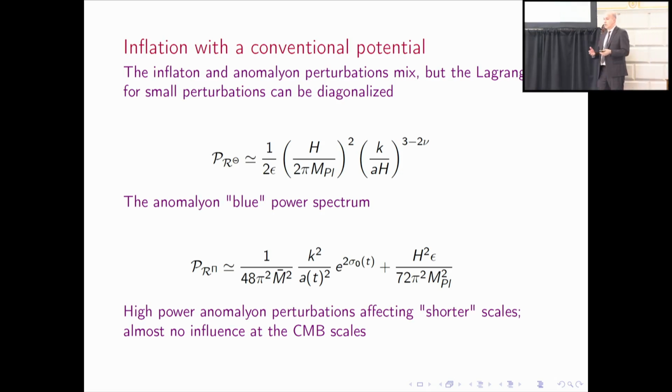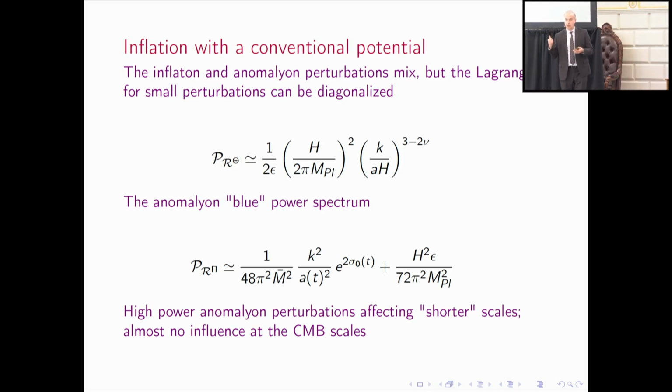What's interesting is to look at the fluctuations of those fields around those backgrounds. In particular, I would like to zoom in on one specific problem related to inflation. Inflation is the dominant paradigm for us to understand how the universe avoided a bunch of problems of hot Big Bang cosmology, but also how the structure formed through inflationary perturbations. Now I'm telling you that those perturbations will be modified because there is another scalar field which mixes with the inflaton.